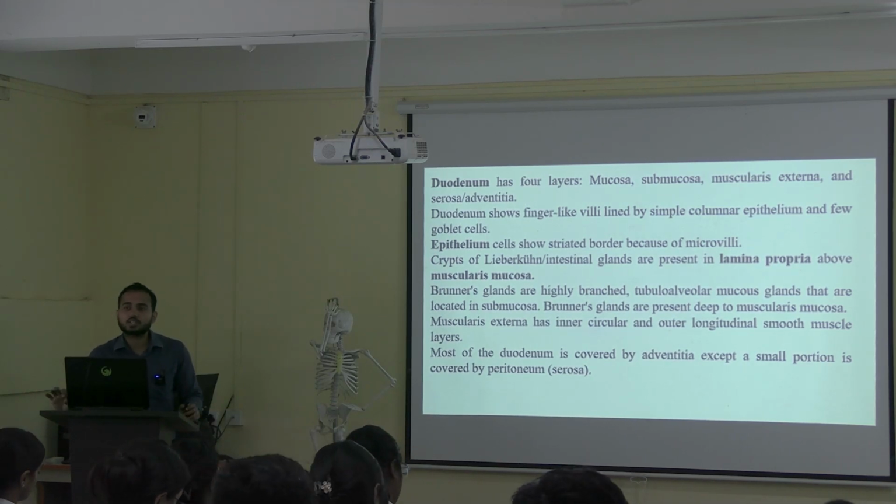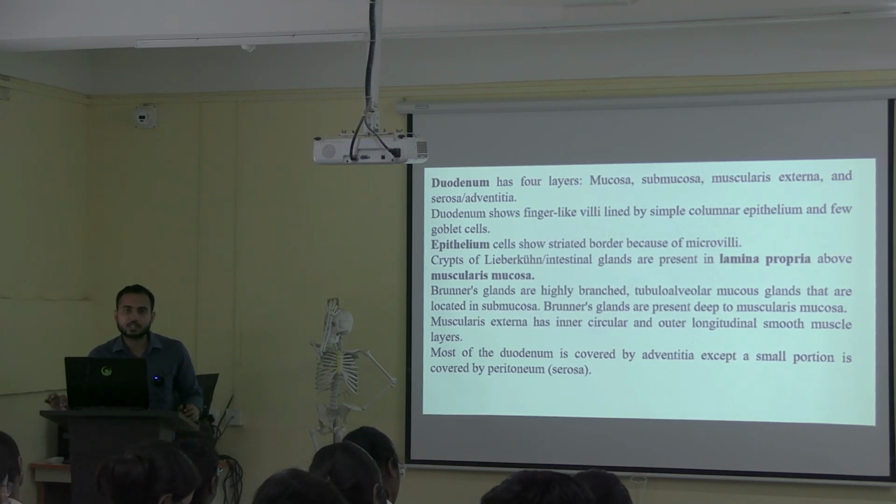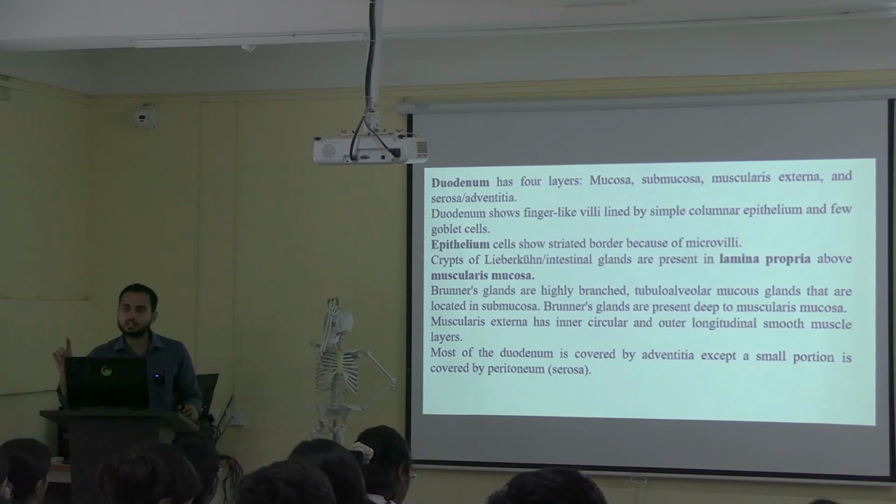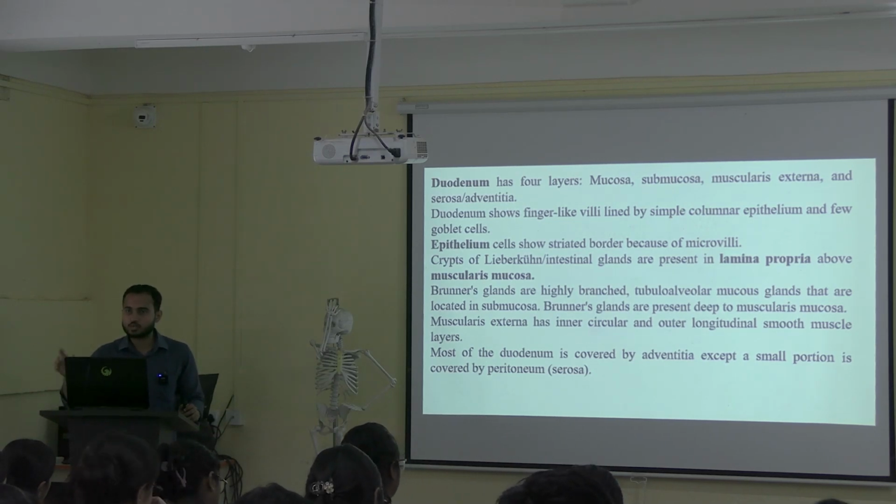Now this is not the only point, there are some other points also. What are those other points? If you see the villi present in the duodenum, first of all the length of the villi is more as compared to the other parts. That means the length of villi in jejunum and ileum versus duodenum, the duodenal villi are longer.